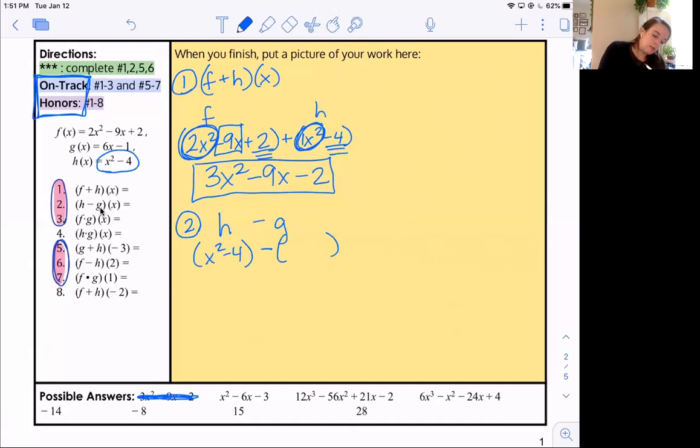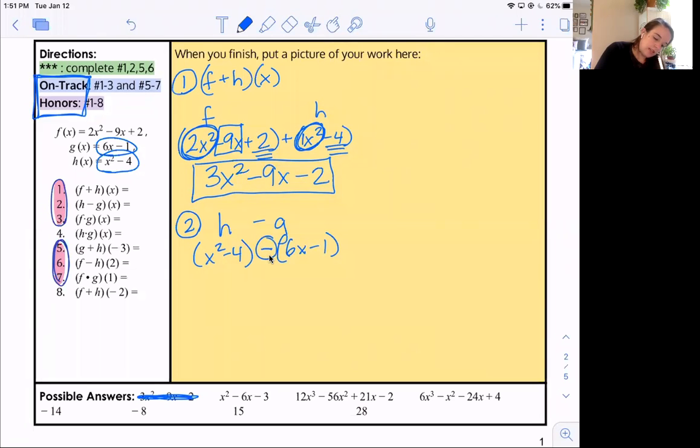We have g, which is 6x minus 1. Like that, subtraction. Cool. What do I have to do with the subtraction? How is it different from adding? What do I have to do with the subtraction? Yeah, distribute. Thank you, Kim.